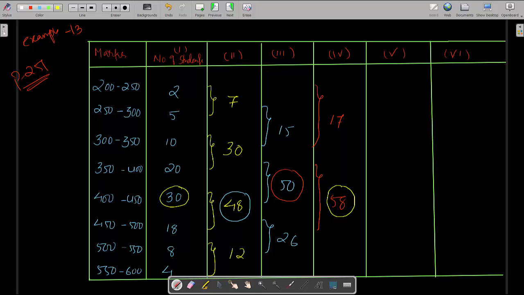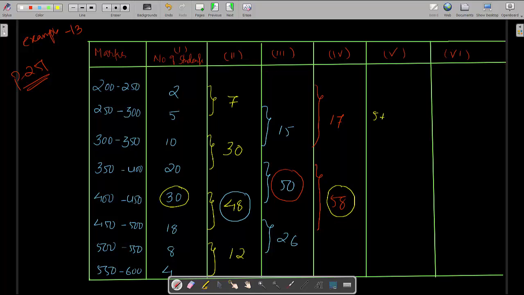For column 5, the frequencies are grouped into threes beginning with the second item. So you have to leave out the first item and then add this 3. If it is difficult for you, it might confuse you, so what you can do is write it down here also, no problem.